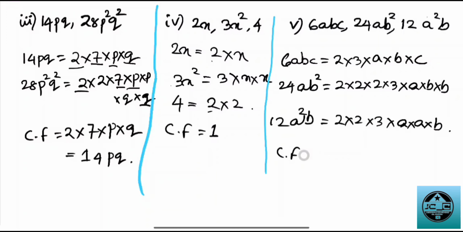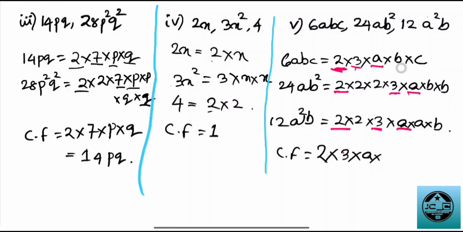Now what are the common factors? I am marking in red. We have 2 here, 2 here, 2 here. So let's write 2 here. Again we have 3 here, 3 here, 3 here, so 3 into the next one. We have a in all, so we shall be writing a here.